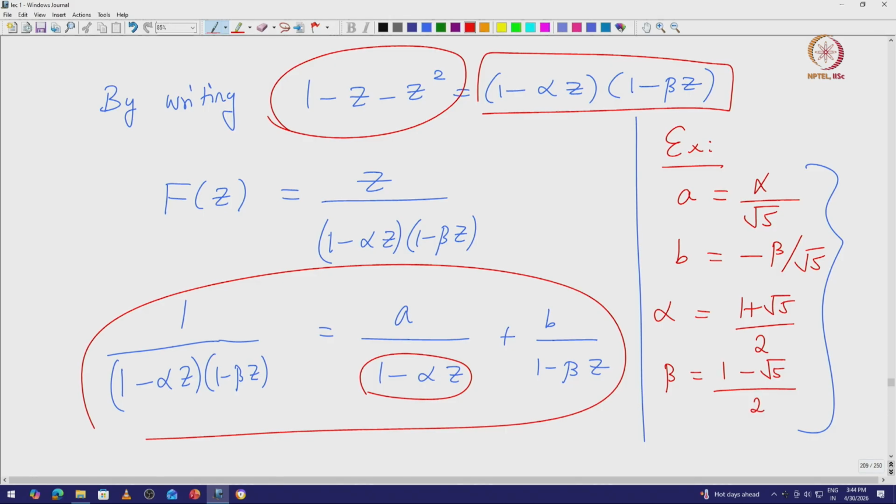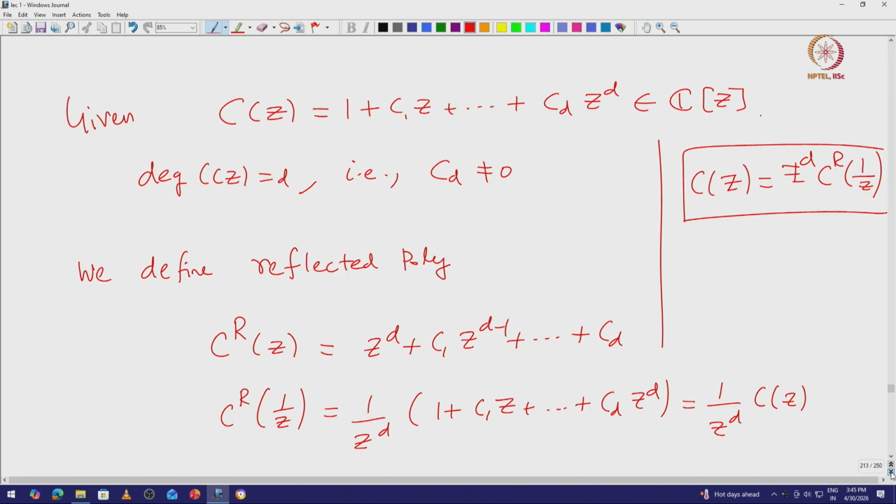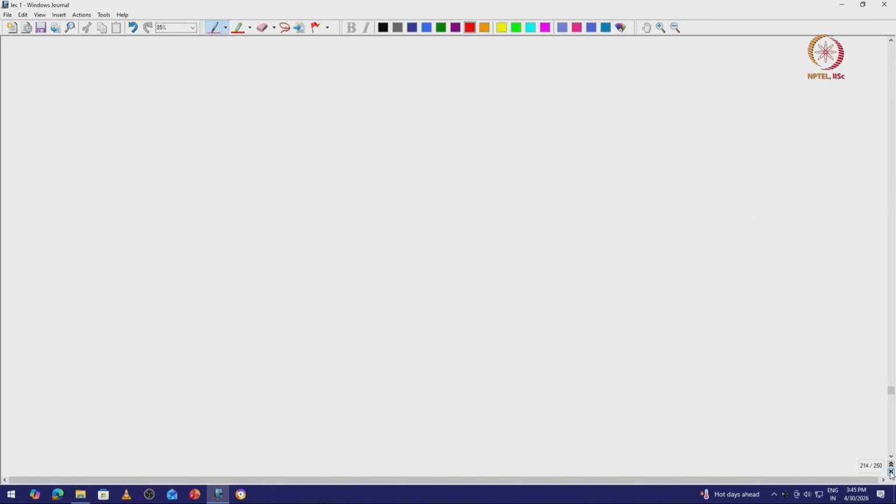Then if we take the roots of that, it is easy to see one can get back to the original polynomial in the nice form of this type. So, let us actually do that in generality. Like I said, we have this relation between C of z and the reflected polynomial C_r of z, which tells C of z equals z^d C_r of 1 by z.